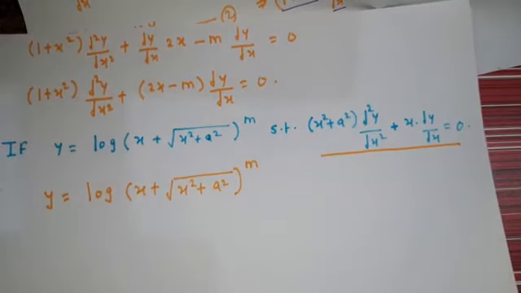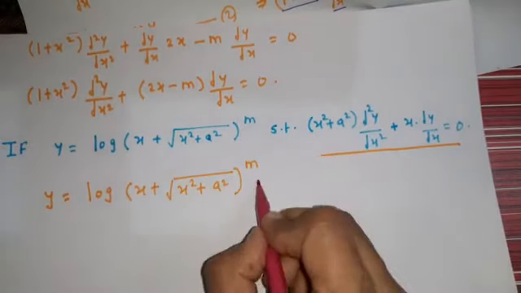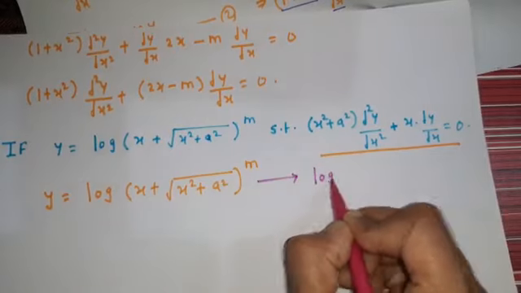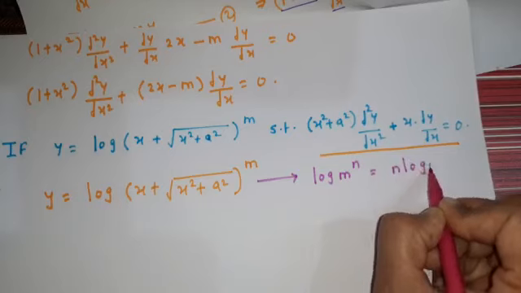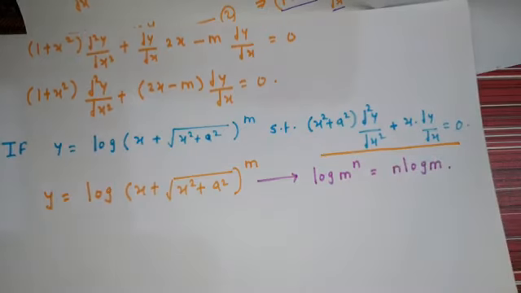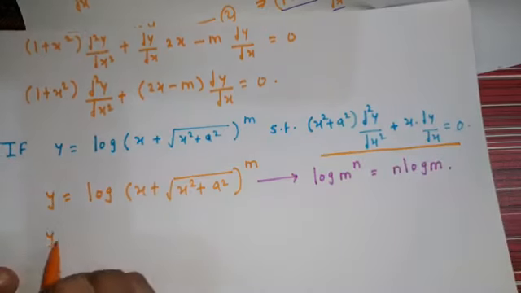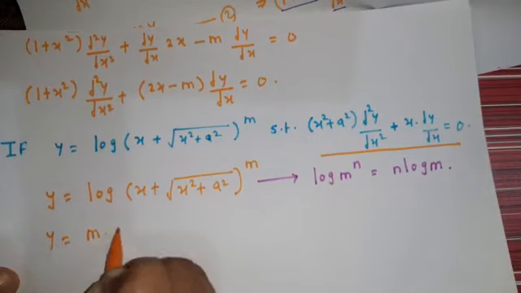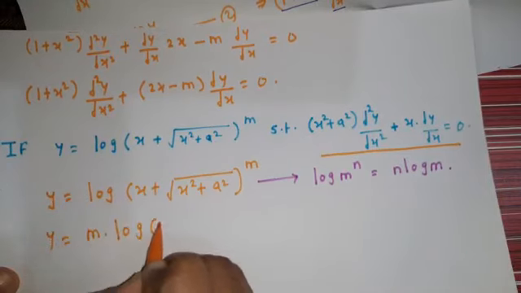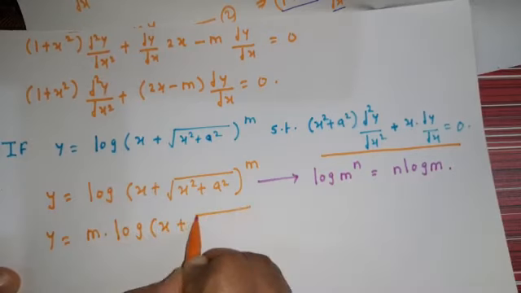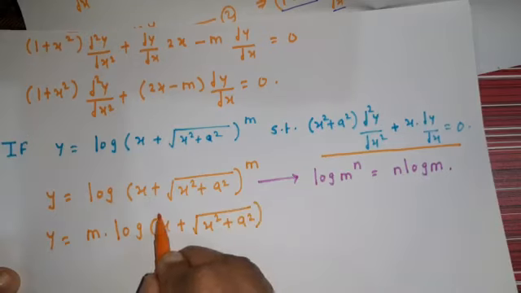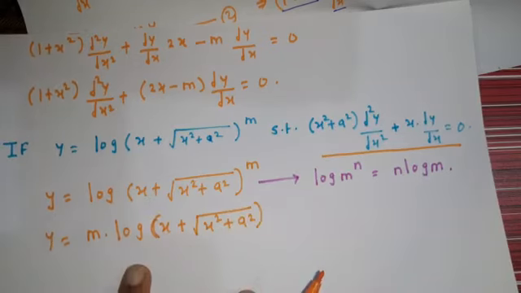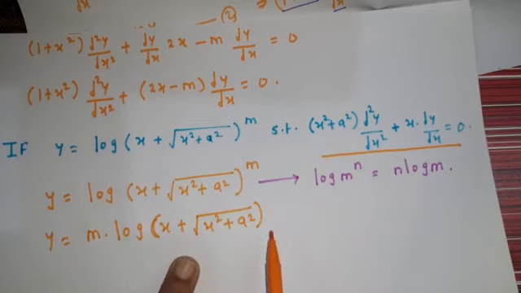Okay, so by using the formula log of m raised to n is n log of m, here y equal to m into log of (x plus square root of x square plus a square).